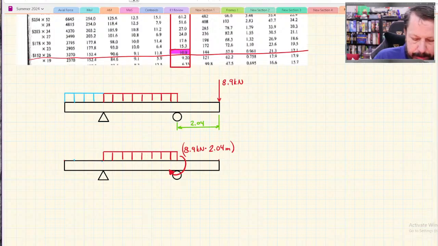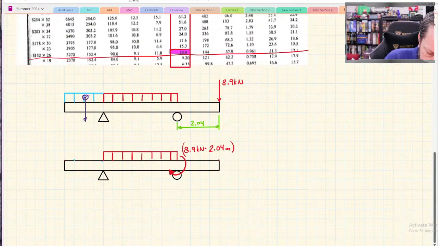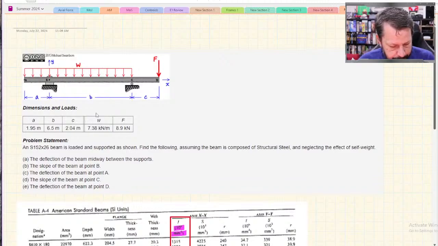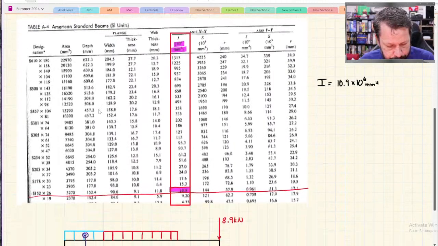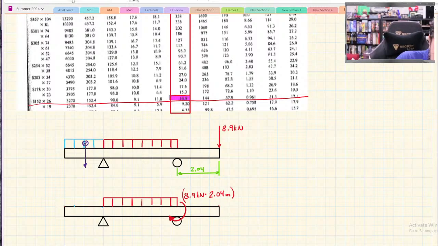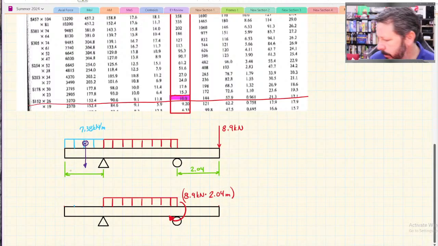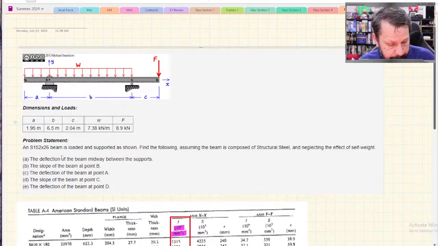I'm going to have to lump only the blue part like this. So for me, those numbers were W is 7.38 kilonewtons per meter. Or, well, that's right. And that distance from the end of the beam to the pin is A, 1.95 meters.